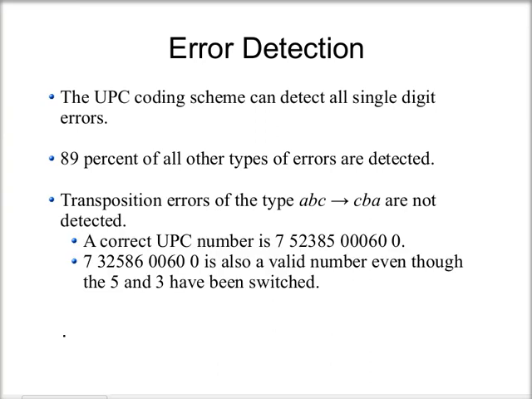So if we have an error of this type, where I've got 3 digits ABC and I switch the first and the third digit, then that error is not going to be caught. So if I have a correct UPC number like this one, and I accidentally type it in wrong, so I switch the 3 and the 5, this is also a valid number. It's going to follow the same rule even though those 2 digits have been switched.